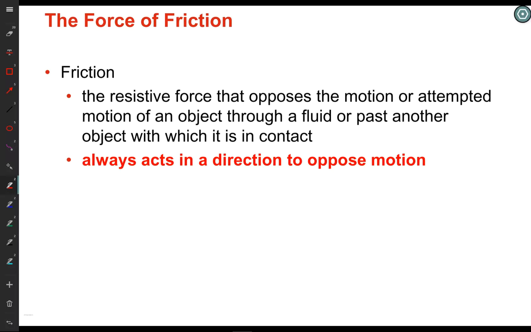In that case, we say the force of friction is the force of static friction. Static because the surfaces are not sliding. If I push harder, I make it slide, and then, good job. And then we call it kinetic friction. So kinetic friction when there is motion between the surfaces. Static friction when there's no motion.